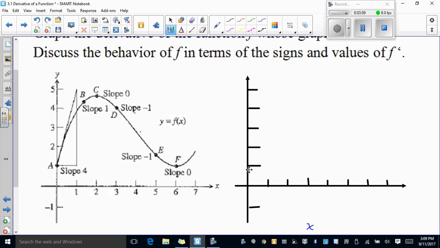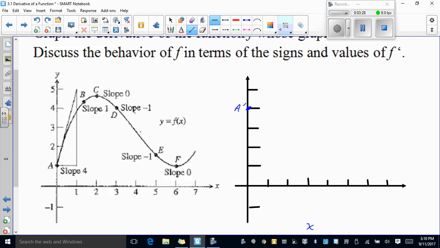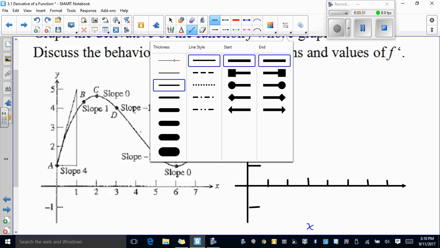At B, they tell you it's a slope of 1. And we can just bring this down and identify where that is. I'm going to actually use a line. That way I can identify where this guy is at. If I bring a line down from here, we can see that it's about 1.5.